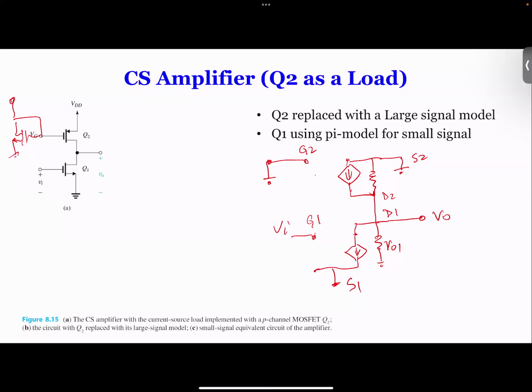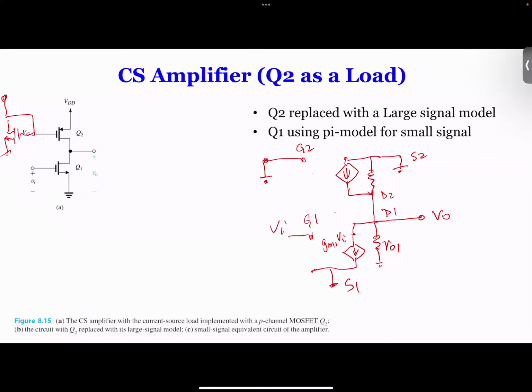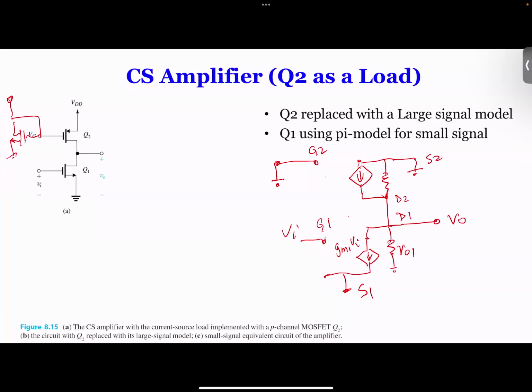Now we have these two. So if you look at the voltage over here, this is gm1 times vi. And then this is your gm2 times vgs2. So the only thing is now we need to figure out what vgs2 is.